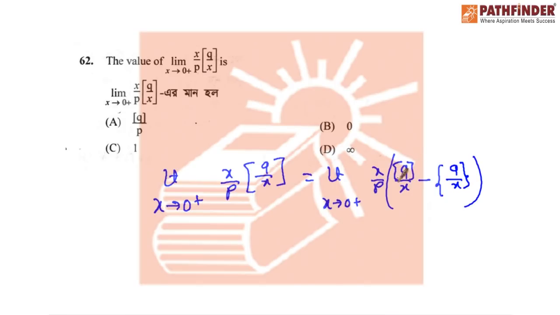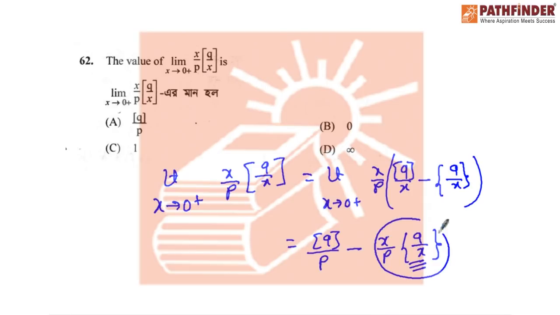We can write it as the box of q by p minus x by p times the fractional part of q by x. This fractional part lies between 0 and 1, and x tends to 0, so this entire term will be equal to 0. So the final value is the box of q by p, given in option A.